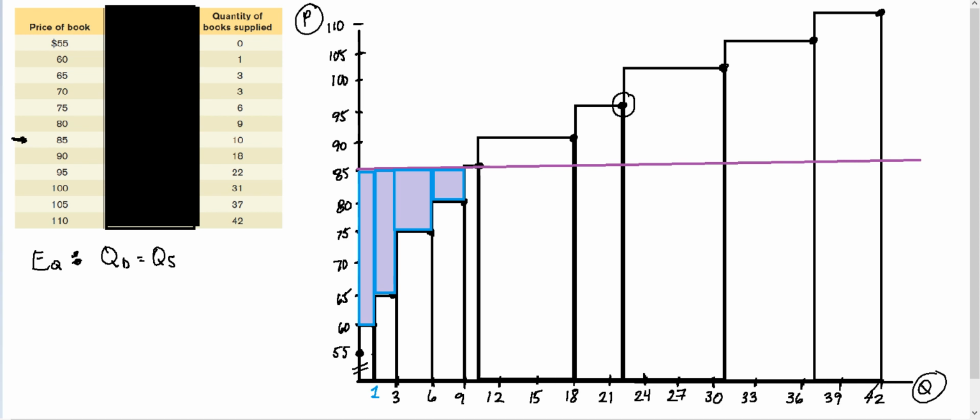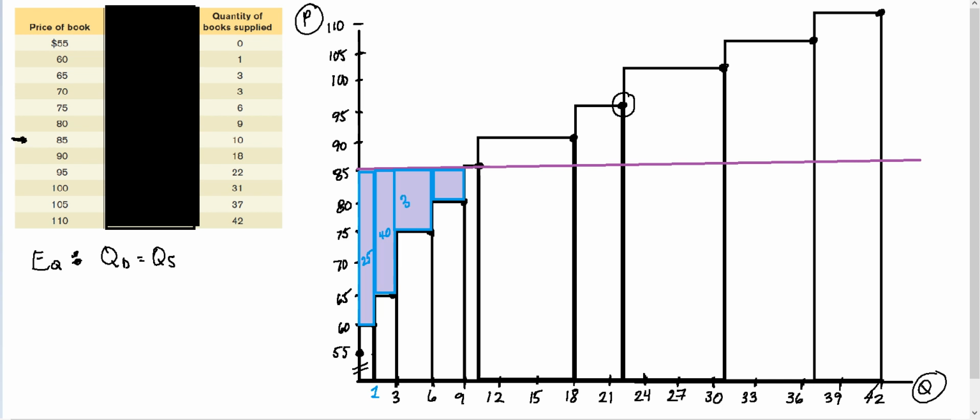The second one has a width of 2 and a height of 20, so our area is going to be 40. The third shaded area has a width of 3 and a height of 10, so our area is going to be 30. And then the last one has a width of 3 and a height of 5, and so our area is going to be 15.